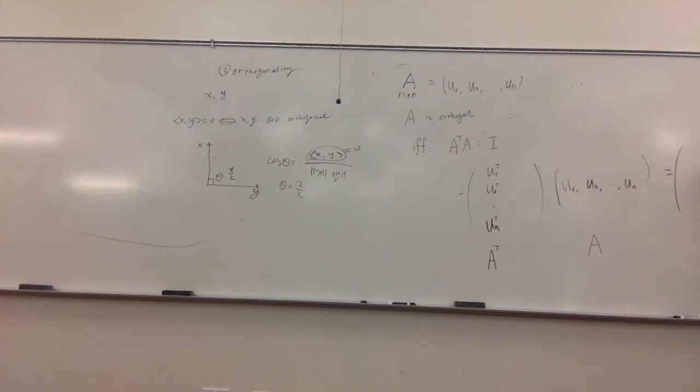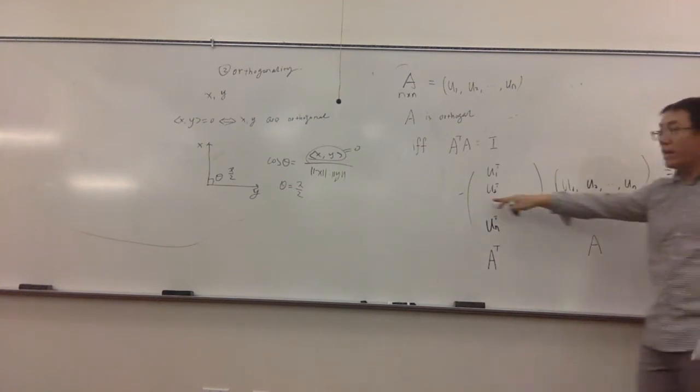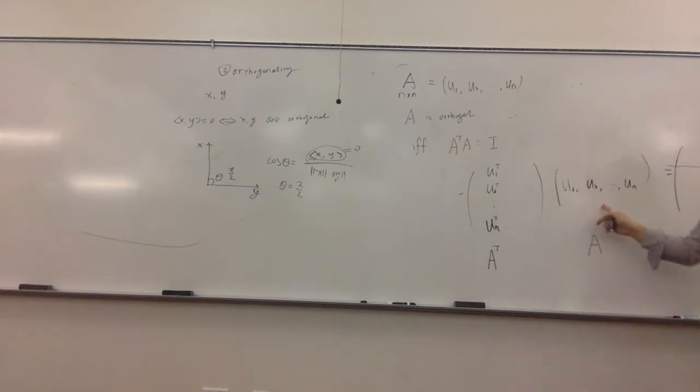Just following the matrix multiplication rule. To compute the element at the ith row and jth column in this product, we need to use the ith row in A transpose and the jth column in A, right?